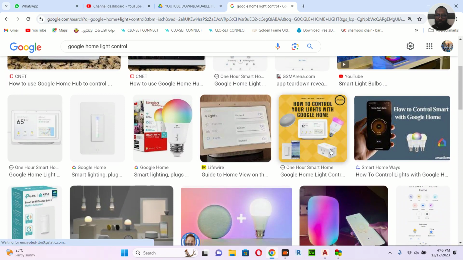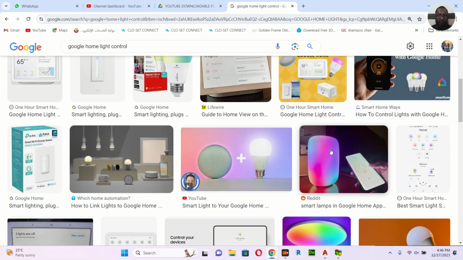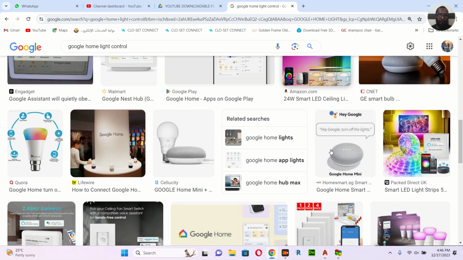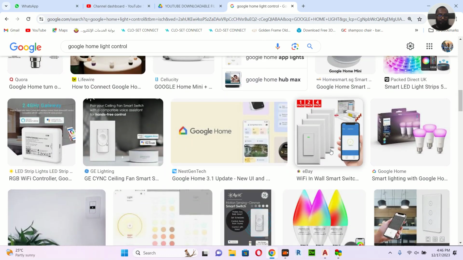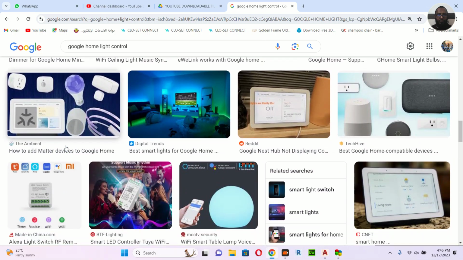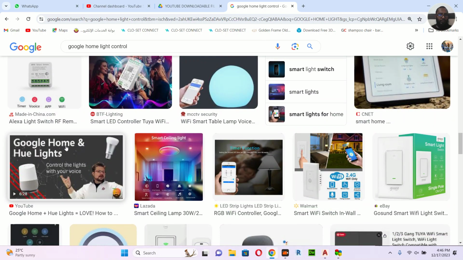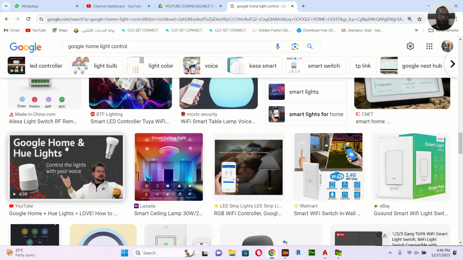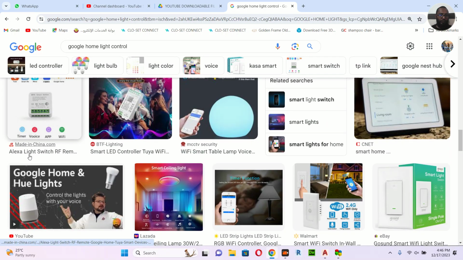I think this is the gadget. No, not this gadget. Let's see. I think this one. No. I saw something. As I remember, this Alexa light switch.